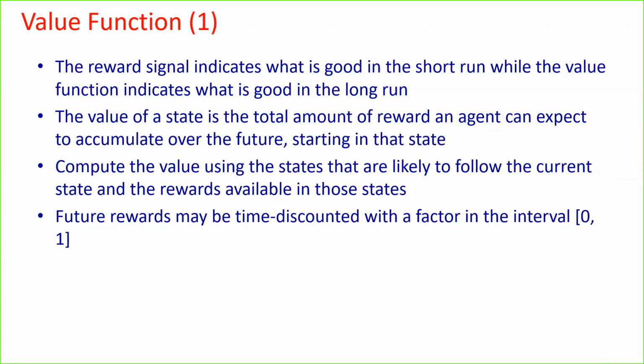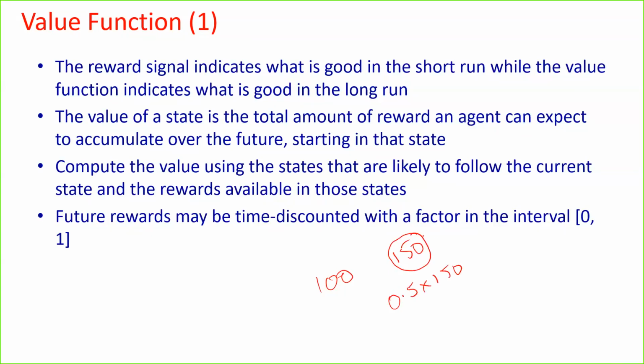Of course, you can time discount the future rewards. It means you may not be giving full weightage to the future rewards. Let's say the immediate reward is 100, and the next expected reward is 150. You need not count it as 150; you can time discount it by multiplying with a discount factor, let's say 0.5 times 150.